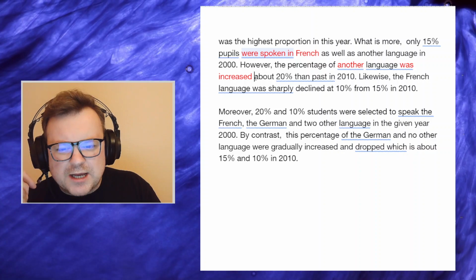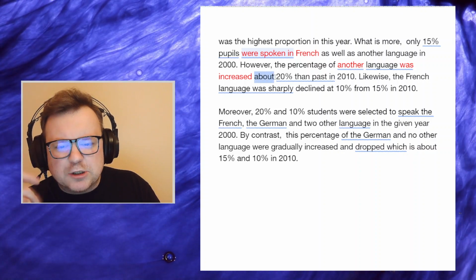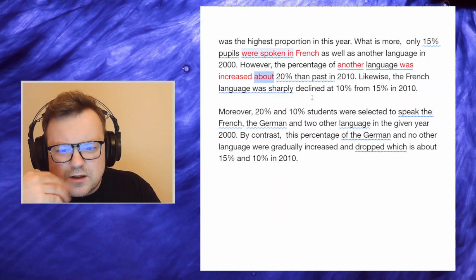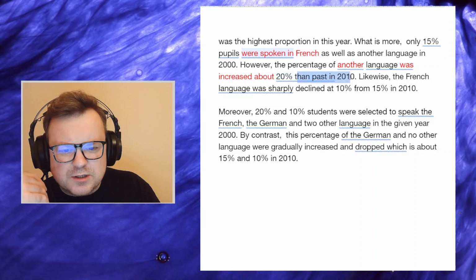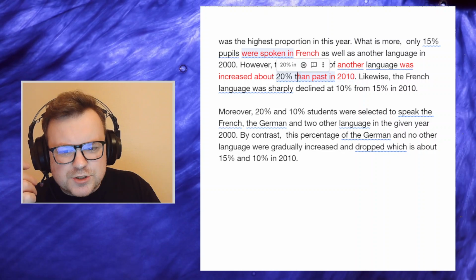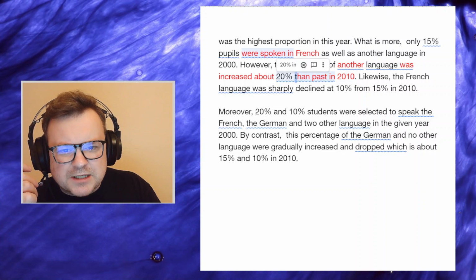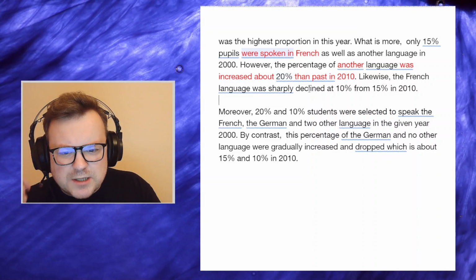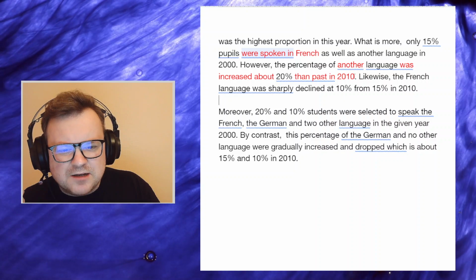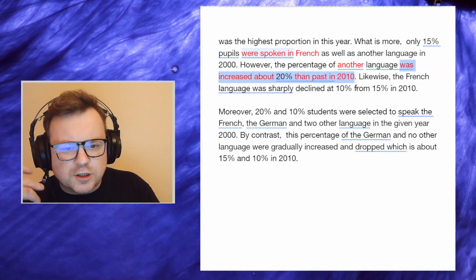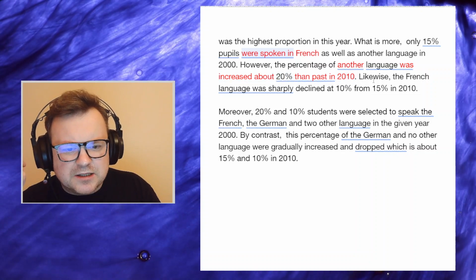Increased to, so the candidate doesn't use prepositions, increased to about 20%. Than passed in 20, so yeah, it's just weak language. Just a collection of words there that don't grammatically make sense, unfortunately. Increased about 20% than passed in 2010. That requires a lot of interpretation from the examiner to try to understand meaning there.